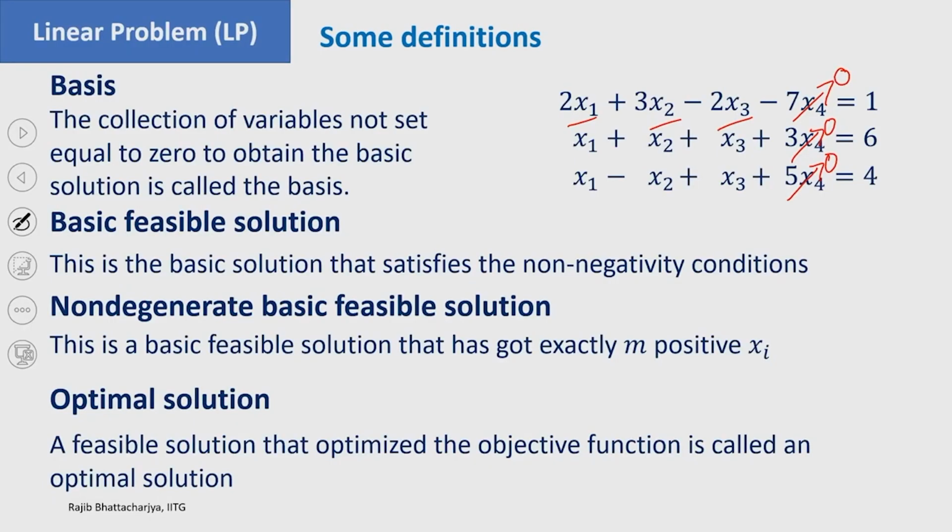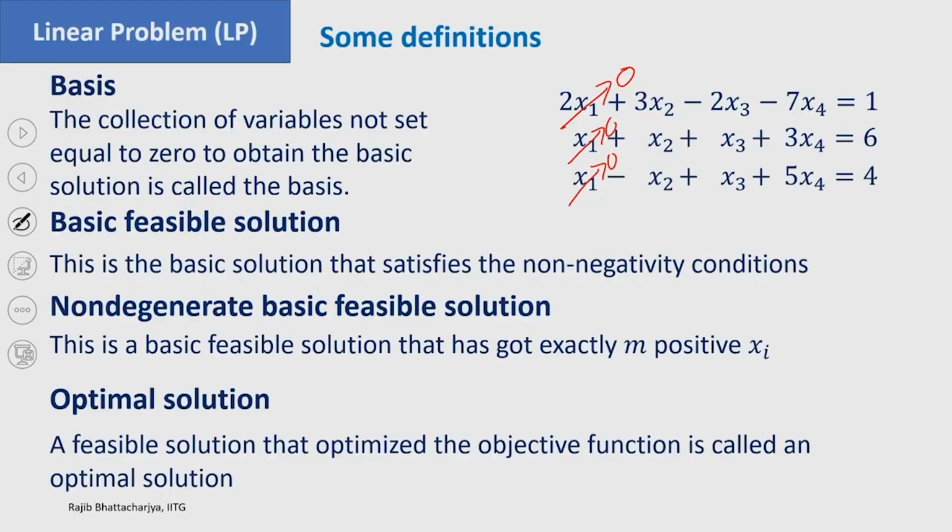Now, next, we may also take another case. Suppose I would like to make x1 equal to 0. In that case x2, x3, x4 are not set equal to 0, so they are not 0.